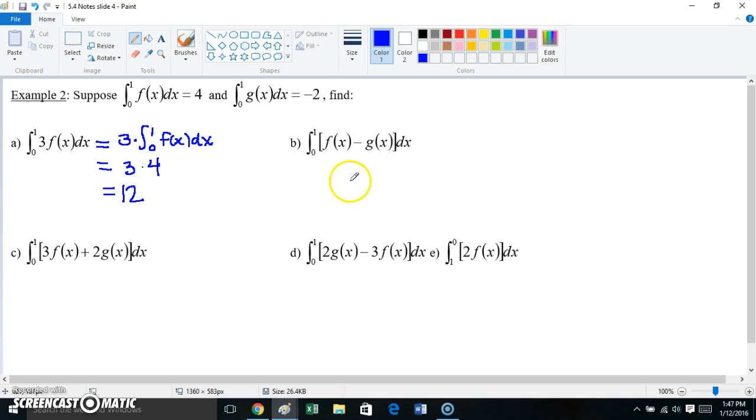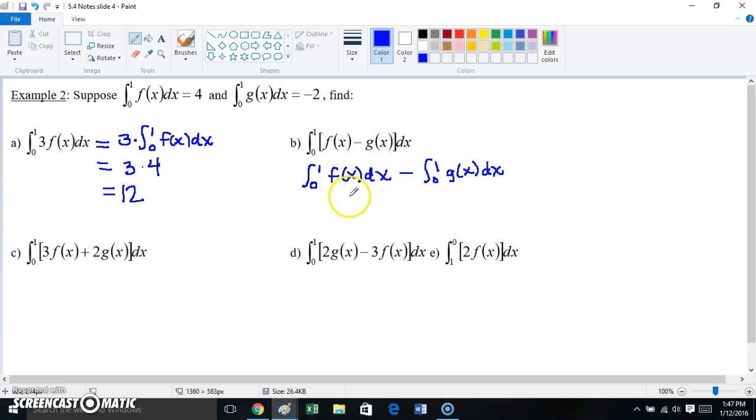The next expression, the integral from 0 to 1 of the quantity f of x minus g of x. We know we can break up that integral into the difference of two integrals. The integral from 0 to 1 of f of x dx minus the integral from 0 to 1 of g of x dx.